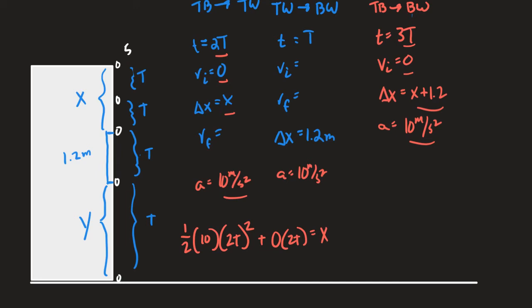That's from the top of the building to the top of the window. Or 1/2 a t squared plus v naught times t equals delta x.